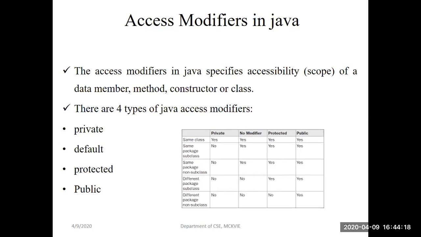These are in 4 columns: public, private, protected, no modifier. Default means where we are using no access specifier, that is, no modifier. And we are writing 5 situations that may arise during the programming scenario.